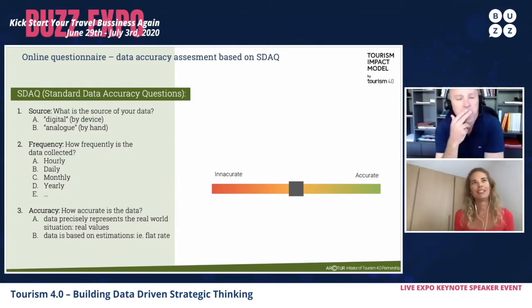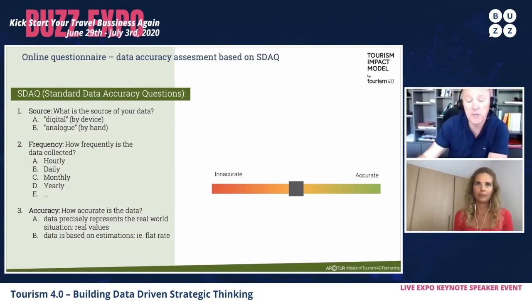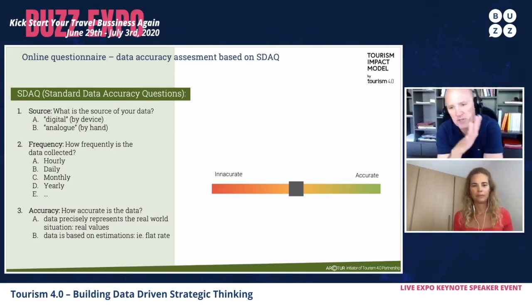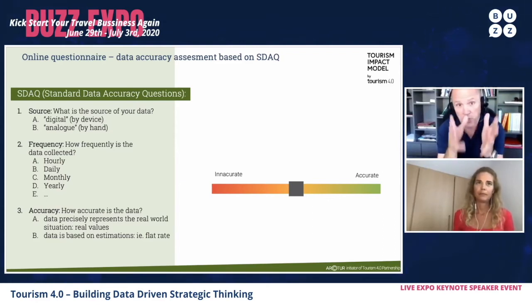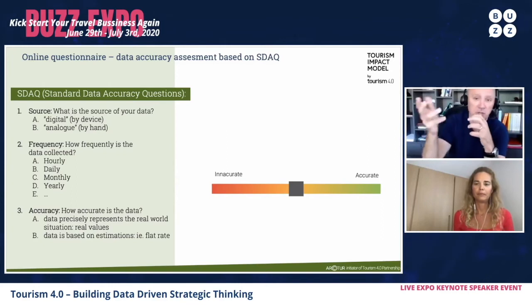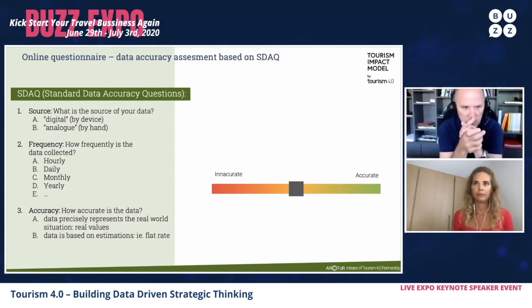If we are working with fictional data sets or all sorts of estimations, this is not good, of course. And in the recommendations, a special chapter is dedicated to data accuracy, and we show what should be improved in order to get better data and better predictions in the future.